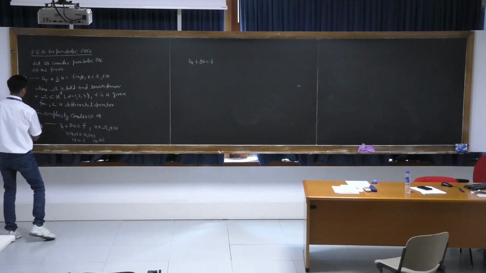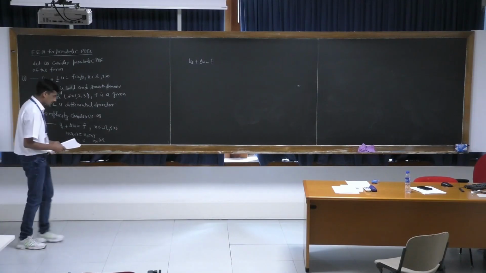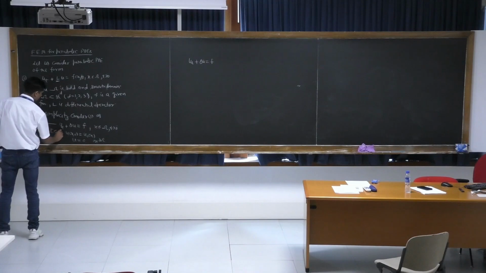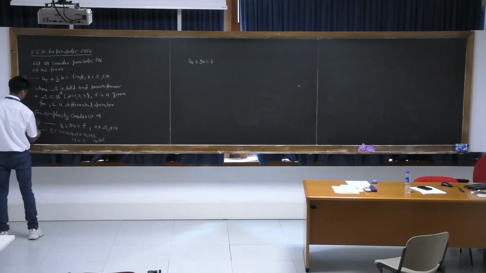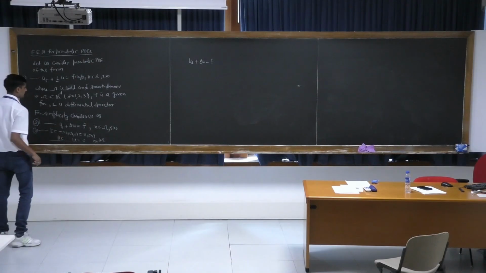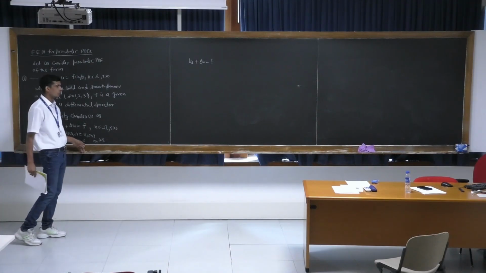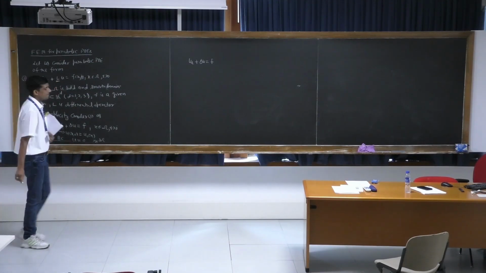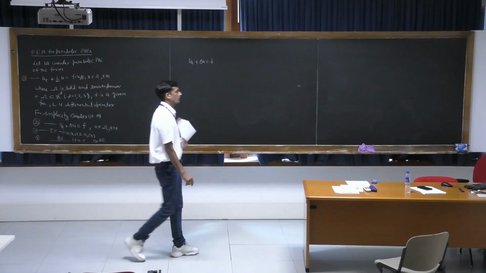So this is equation number 2, this is the initial condition, say 3, and these are the boundary conditions, meaning u is 0 over the boundary. This becomes number 4.